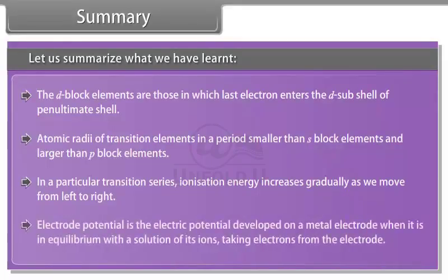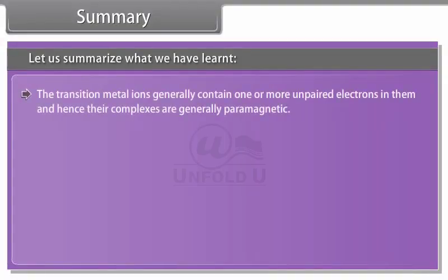Electrode potential is the electric potential developed on a metal electrode when it is in equilibrium with a solution of its ions taking electrons from the electrode. The transition metal ions generally contain one or more unpaired electrons and hence their complexes are generally paramagnetic.